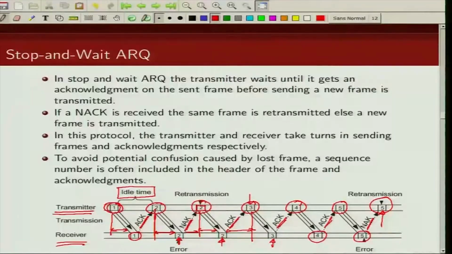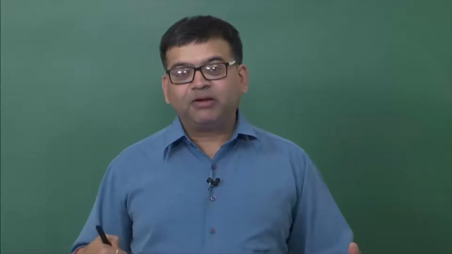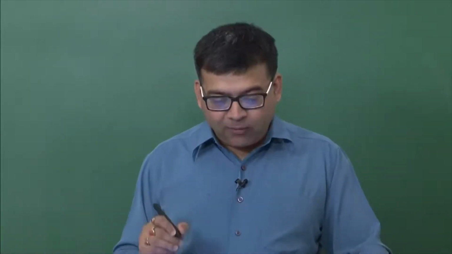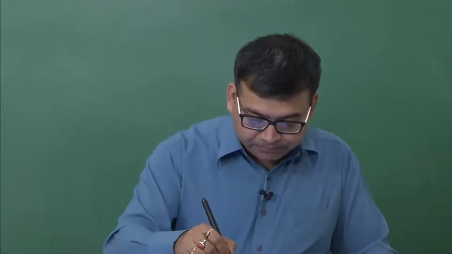Why? Because you are transmitting for a very small time, but for this idle time you are not sending any packets. But from the implementation point of view, this is pretty straightforward and simple, because you are sending a new packet only when you are sure that the packet you sent earlier has been received correctly. So this is your stop and wait ARQ.